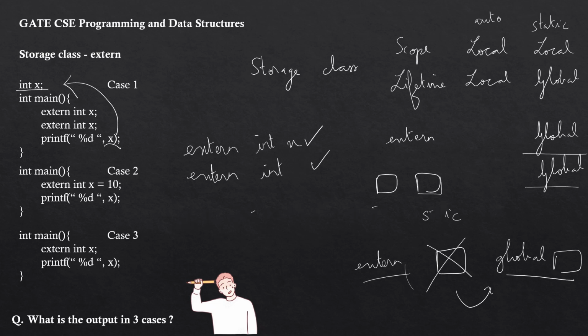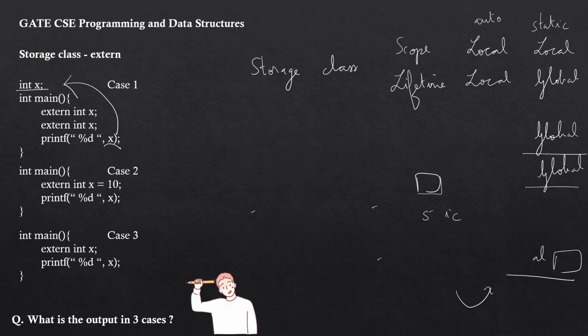So note that an extern variable can be declared more than once, but you should never initialize it, as there is no memory being created. It is just pointing to the global variable.